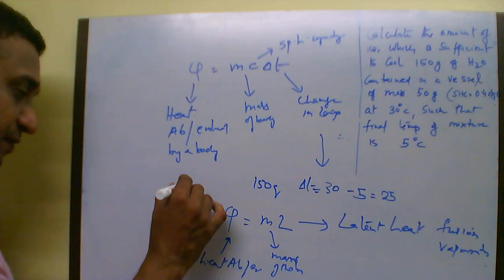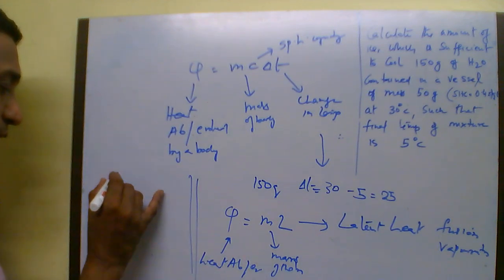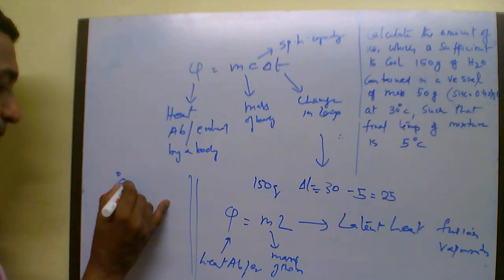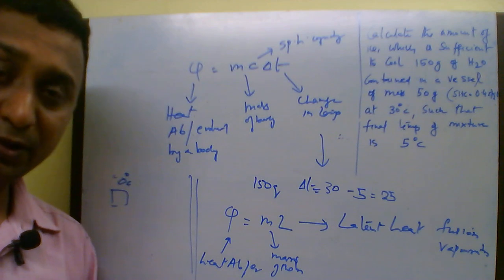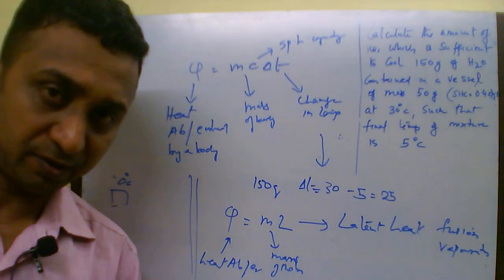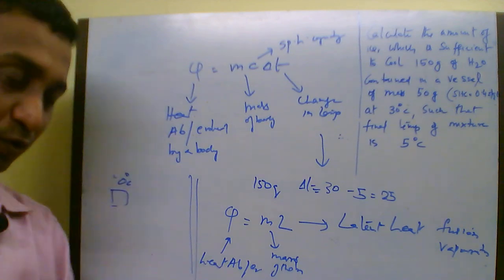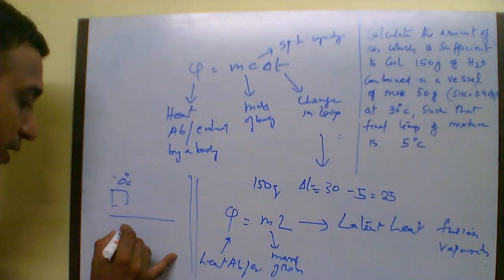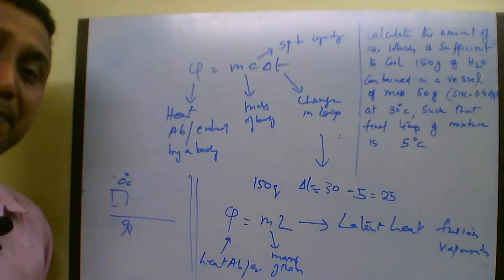See, during melting, that is, if you have an ice block at 0 degree Celsius, initially it will get converted into 0 degree Celsius water. Then only that water's temperature will rise. For example, if you are providing heat to a block of ice at 0 degree Celsius, obviously it will melt.